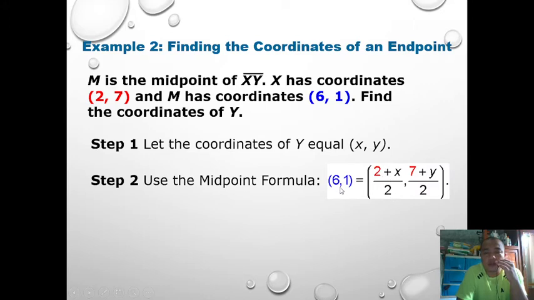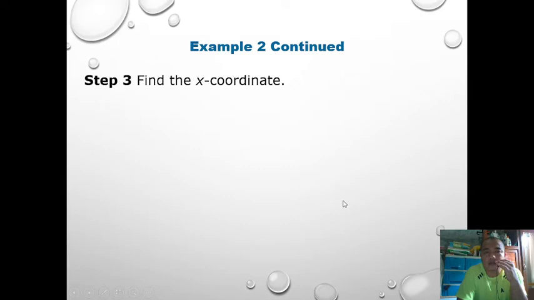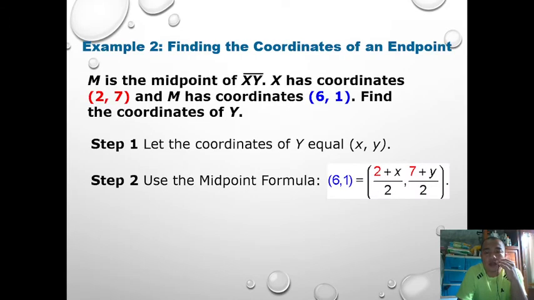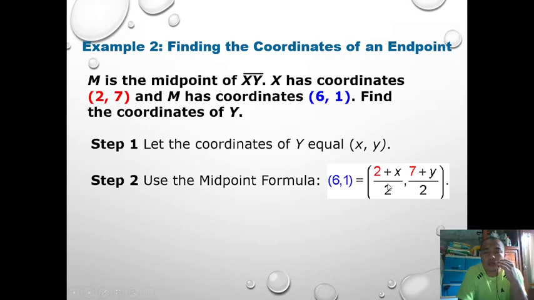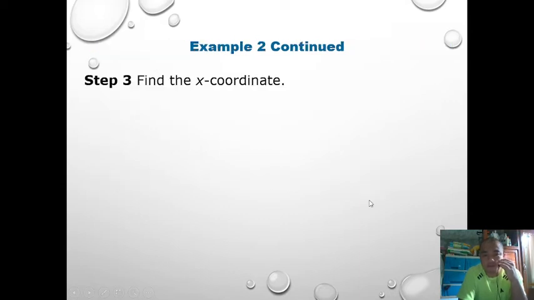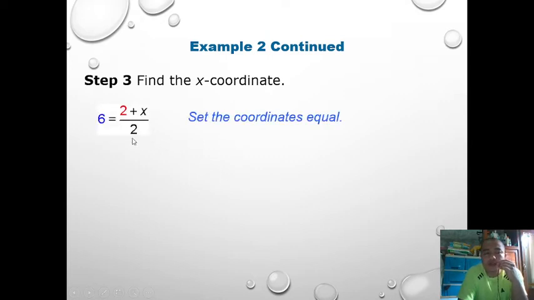So what will be our answer for x? Since the midpoint has the coordinates (6, 1), then 2 plus x all over 2 is equal to 6, and 7 plus y over 2 is equal to 1. So 6 equals 2 plus x over 2.